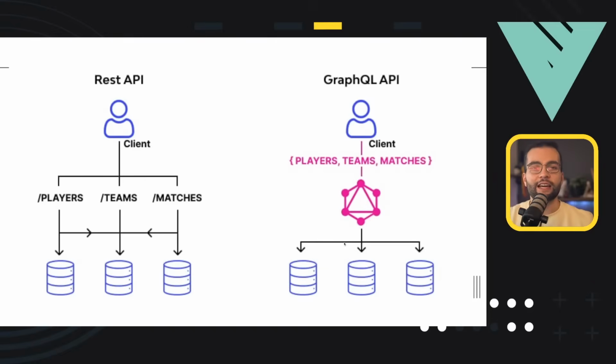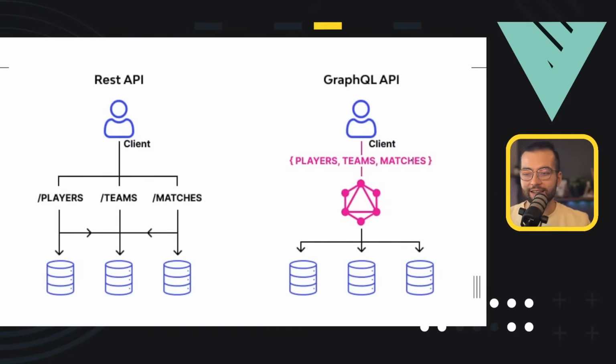In that case, we would have to send multiple requests to a REST API just to get the data that we need. With GraphQL, on the other hand, we can build queries to get all the data that we need in one single query. From the client side, we send one request with information like give me information about a player, their teams and matches. GraphQL is going to grab the information from where it's stored, process it, and then give it back to the client.